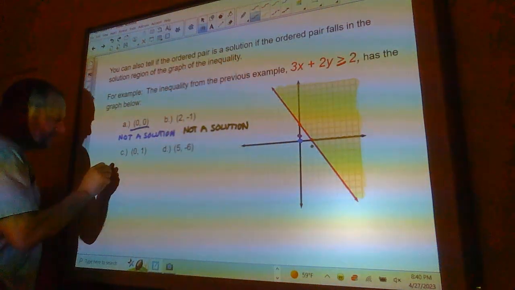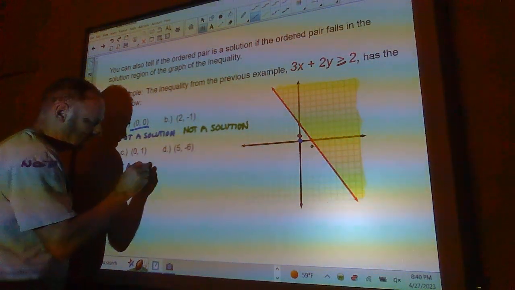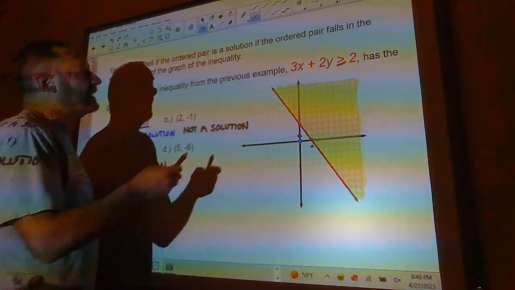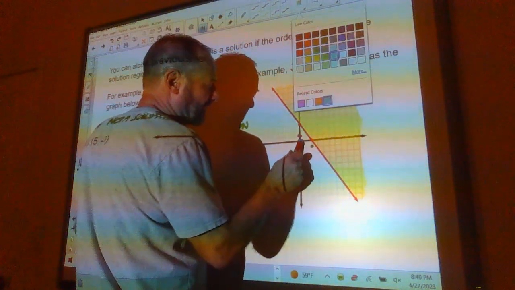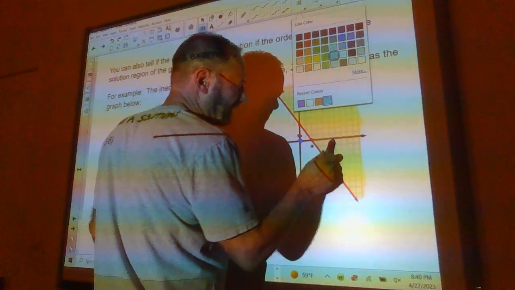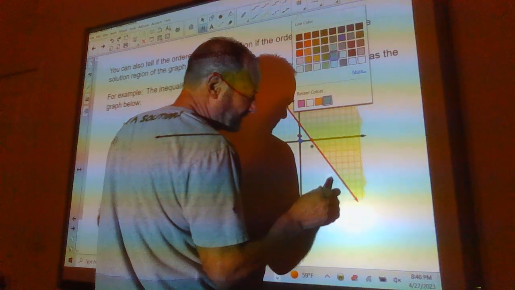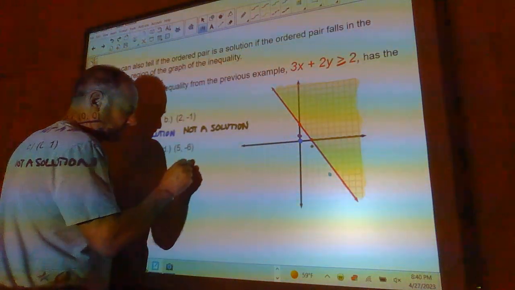Nope, not a solution. And (5, -6). Let's count 5 over, 1, 2, 3, 4, 5, and -6, 1, 2, 3, 4, 5, 6. Also not a solution.